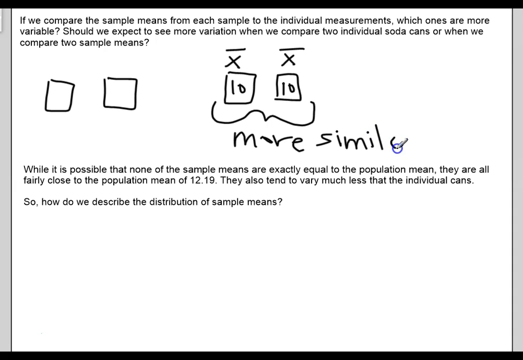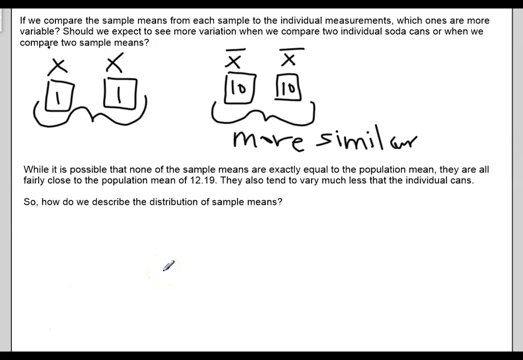Whereas these here, if we're just picking individual cans, it's possible you could get one that was really low and one that was really high, or you could get two that are right in the middle, right? But it's more likely to get similar sample means than it is to get similar X values, okay, which should be our individual values.